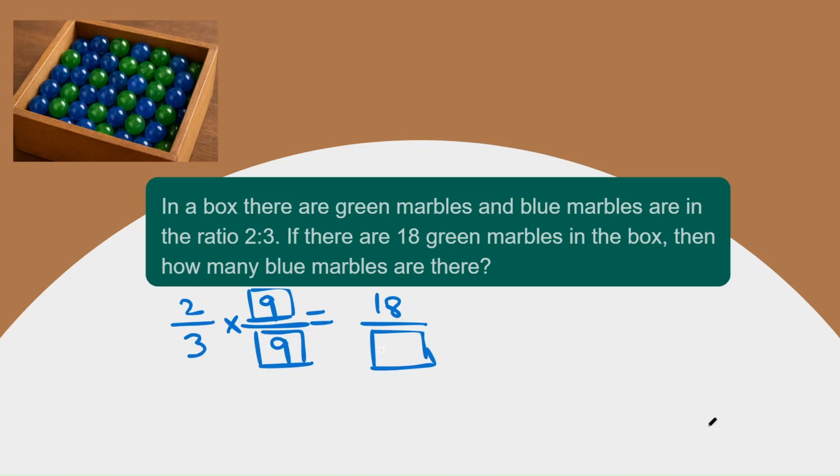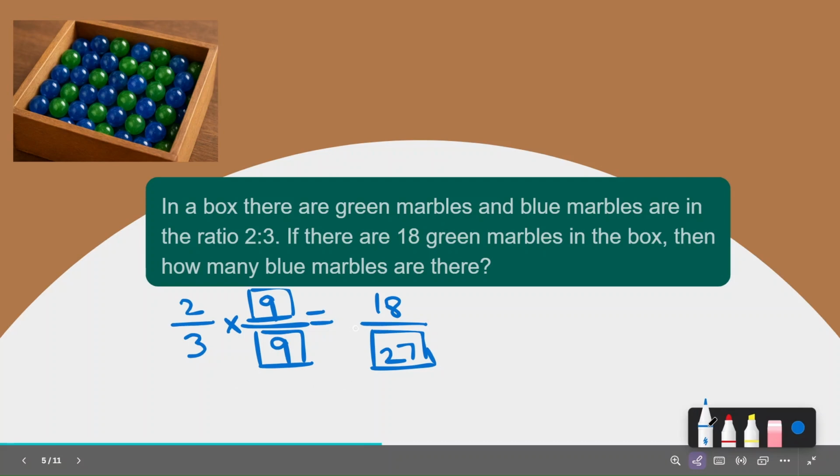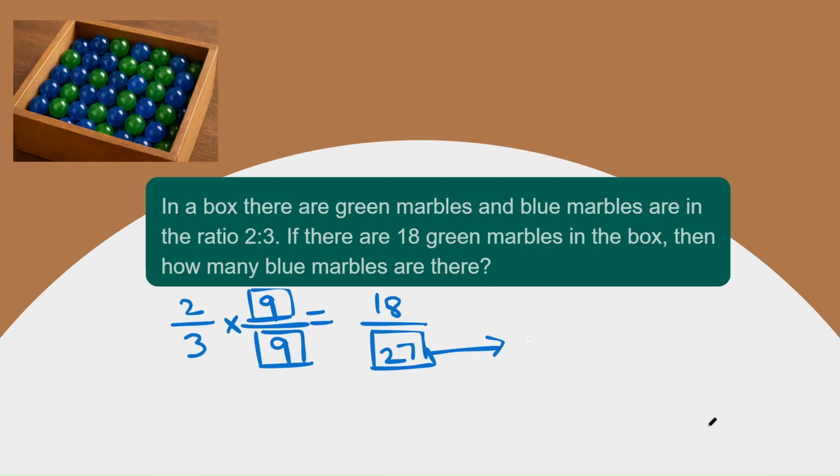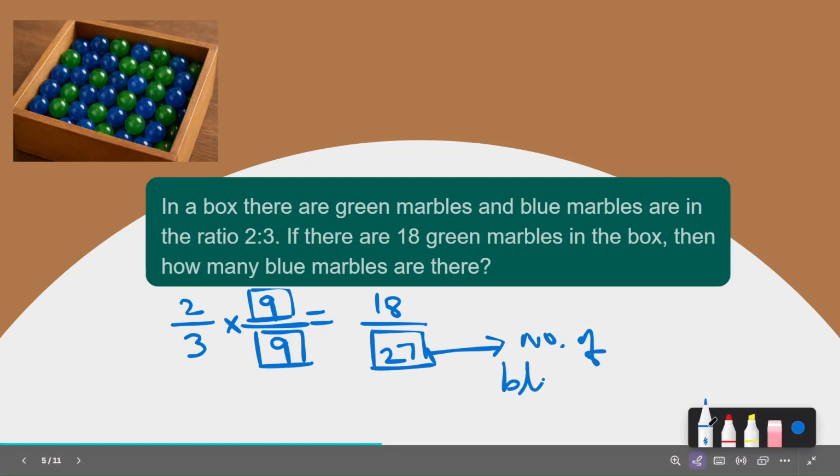So 3 nines are 27. Now you got the answer. 27 is the number of blue marbles. Hope you understood. We'll go to another sum.